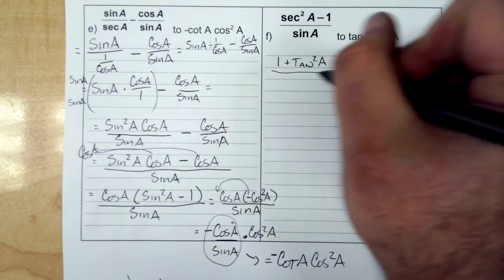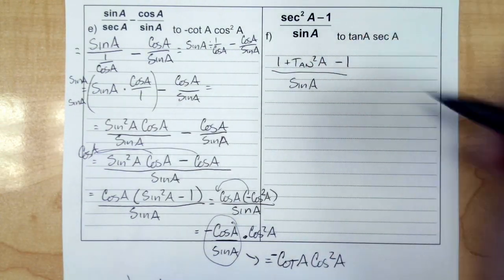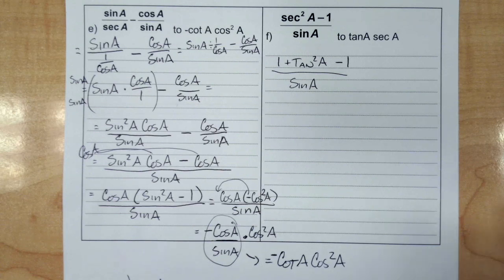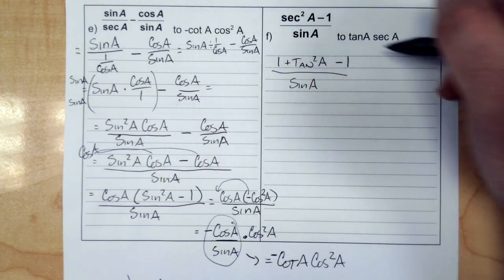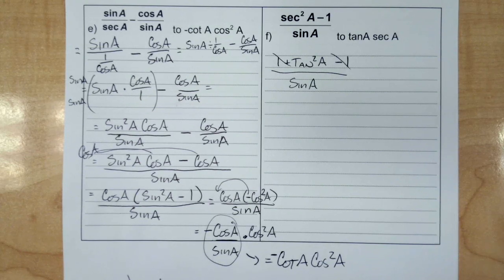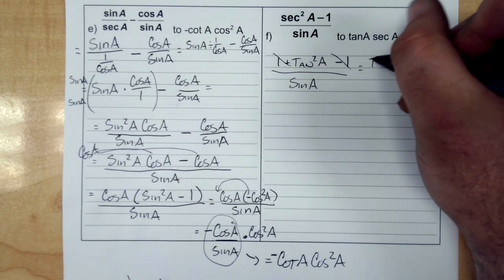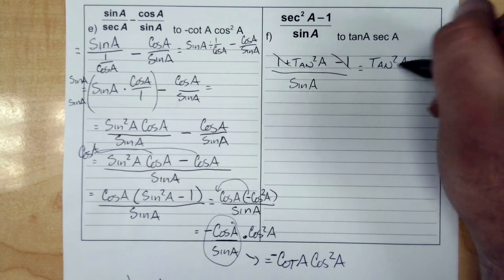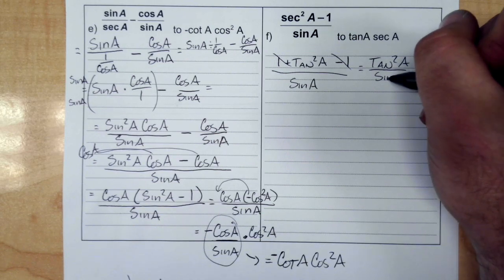And all that's still over the sine of the same angle. And if we're both adding one and subtracting one, those two items will cancel each other out. So we can turn this into the tangent squared of our angle over the sine of our angle.